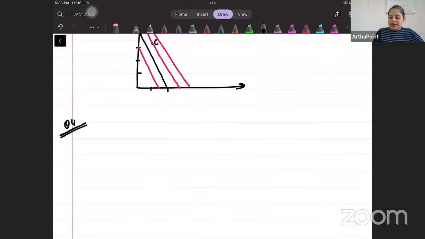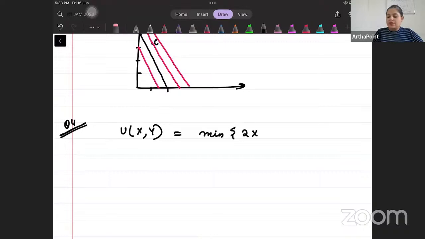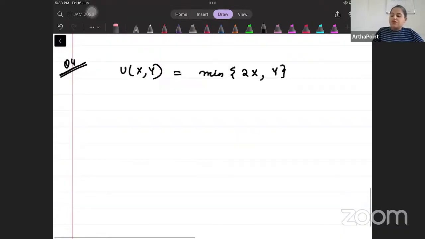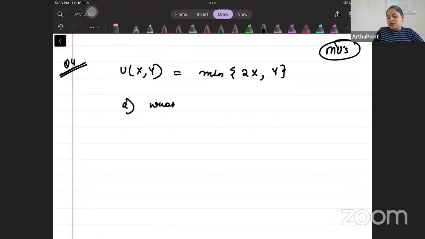Now you're given Alice's utility function, u of x, y, which is min of 2x comma y. This is from the chapter on marginal utilities. You're asked, what is the marginal utility for x?